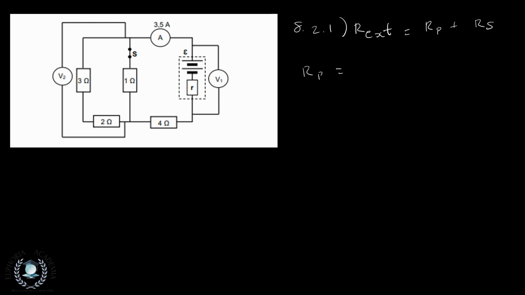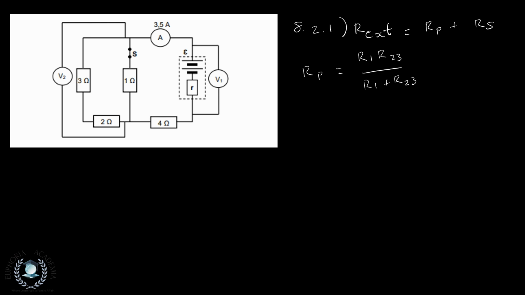Now, our parallel resistance is going to be equal to our R1 multiplied by our R2,3, and that will be over our R1 plus the resistance of resistor 2 as well as the resistance of resistor 3.